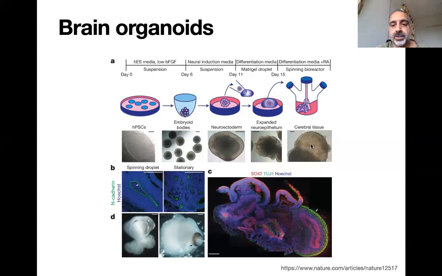She was able to generate what she calls mini brains. These are layered structures of human cortex, that form layers which resemble the brain very nicely.